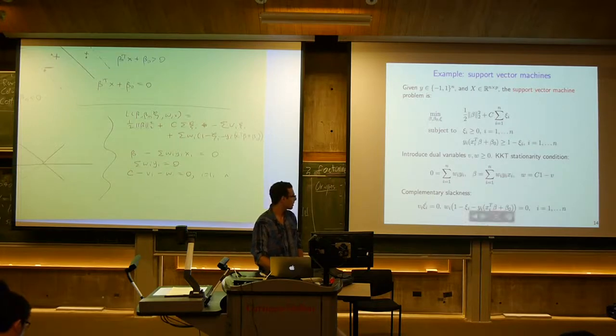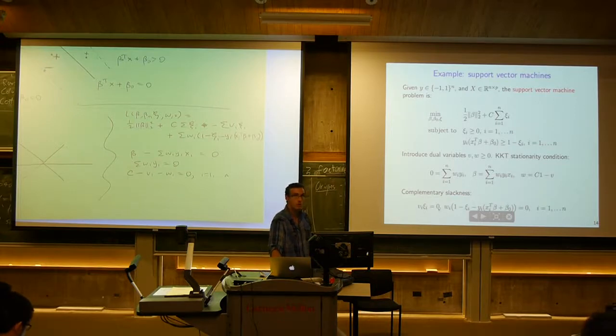So we can think of this in two parts. The first is complementary slackness for this constraint, which says that v_i times psi_i must be equal to 0 for all i. And the second is this inequality constraint, which says that either this constraint has to be tight, or w_i has to be equal to 0.